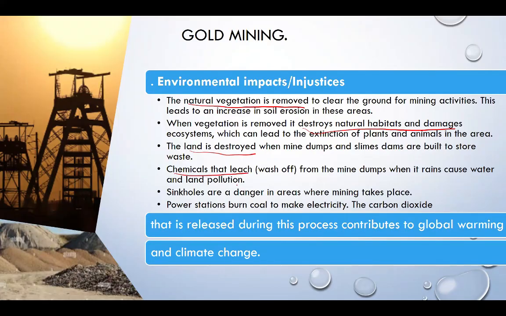Chemicals also are going to cause water and land pollution. It results in sinkholes and power stations can release carbon dioxide that contributes to global warming and climate change. So, as much as gold mining is going to bring positive impacts in economic growth, it also has some negative environmental impact.